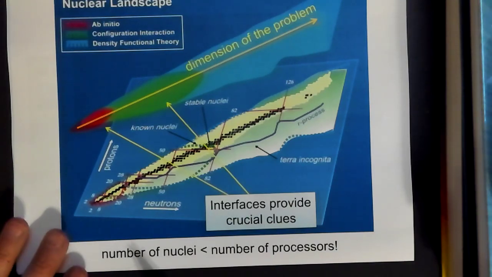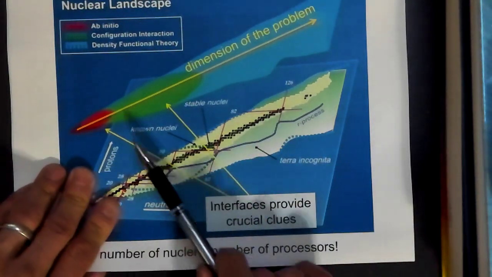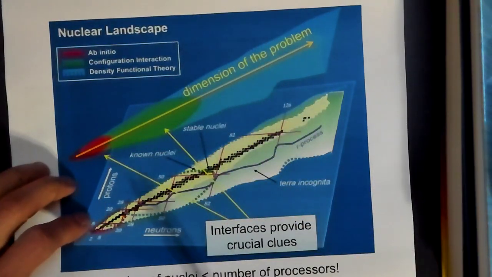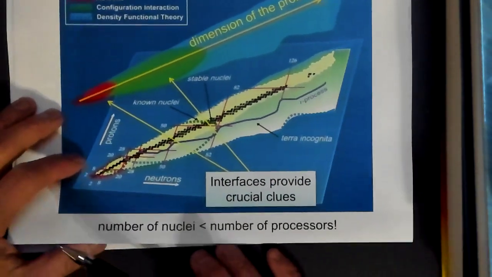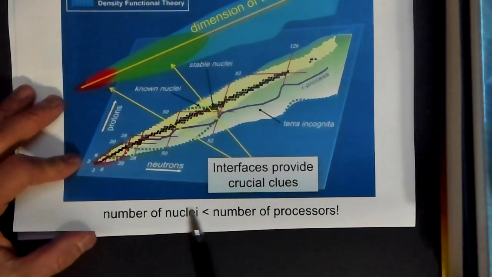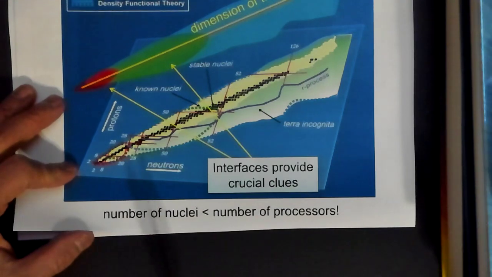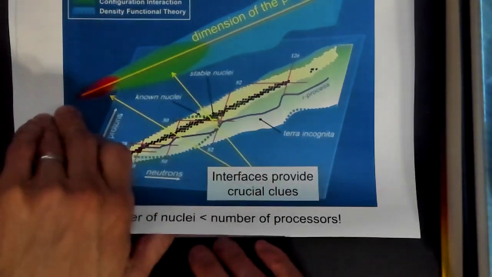Okay, so I should mention the dimensionality of the problem really increases very rapidly as you increase the number of nucleons. And so here's just a statement that there's a very rapid growth in the number of processors that you need as you increase the number of nucleons in the nucleus.